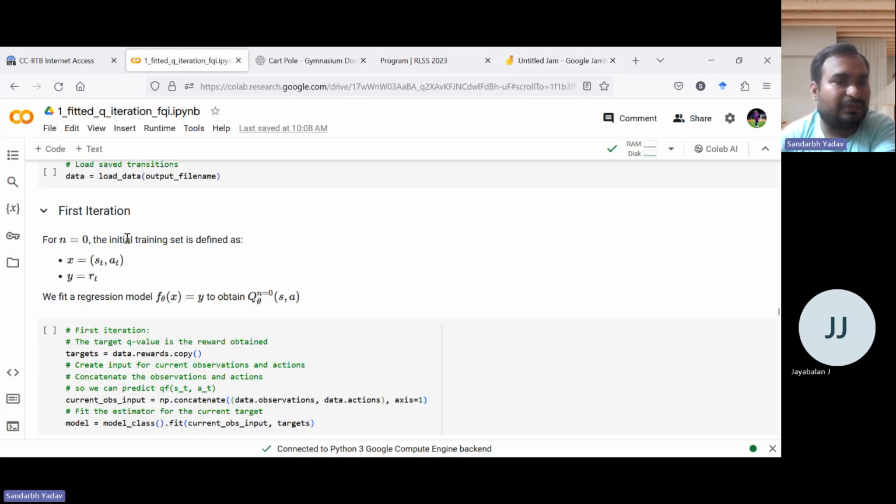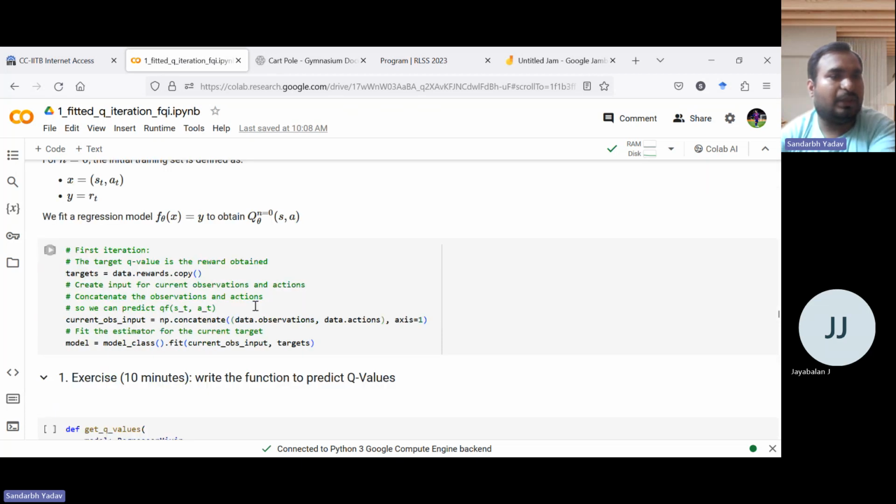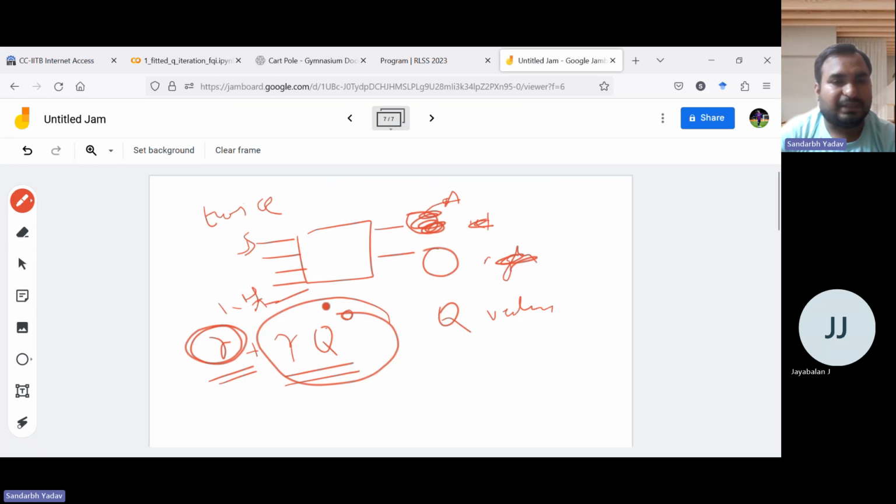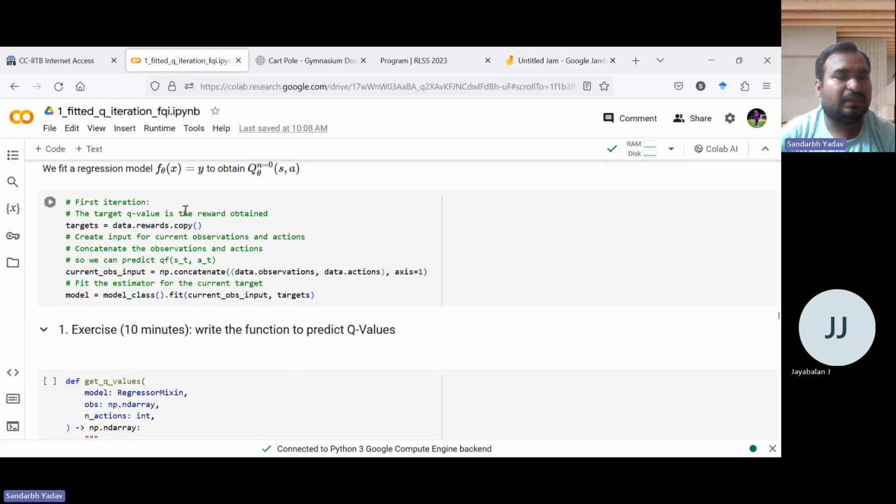This is our training data, state and action. We collected around 50,000 transitions. For those 50,000 transitions, what was the state, what was the action, and what was the reward? This is the mapping which is being learned by this regression model. We have these targets, simply a copy of rewards initially, because this term is the initial Q, zero for us.